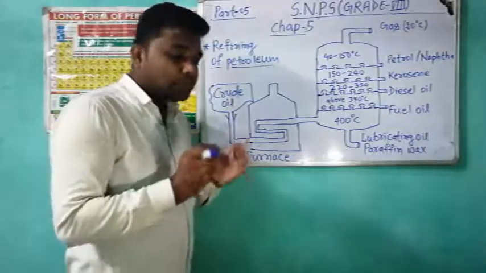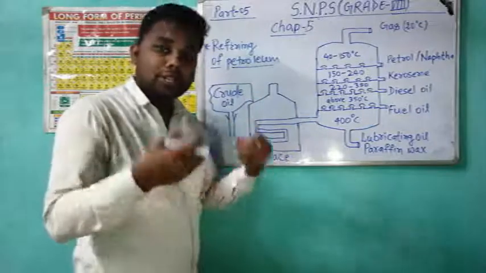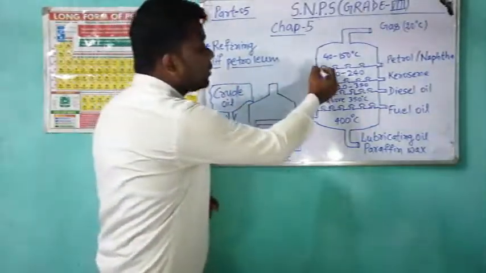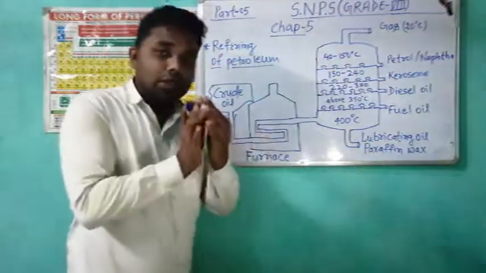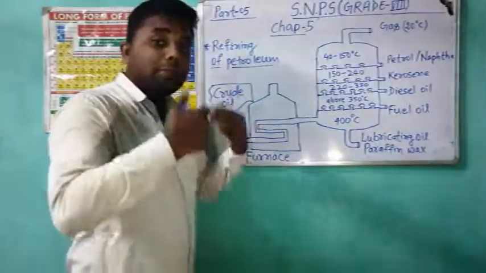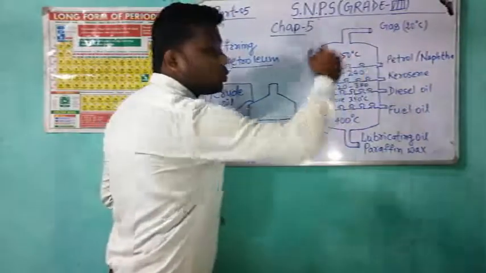Suppose crude oil has petrol in it, then its boiling point is 40 to 150. So in between this temperature, the vapor condenses here and is converted into petrol.